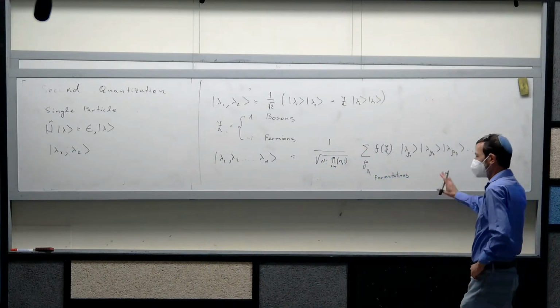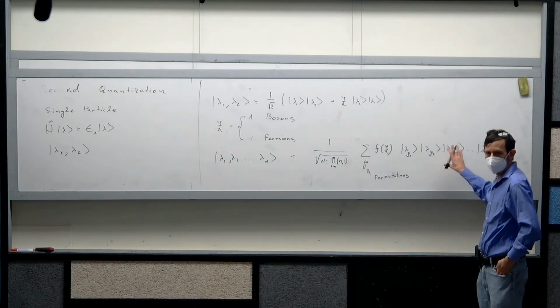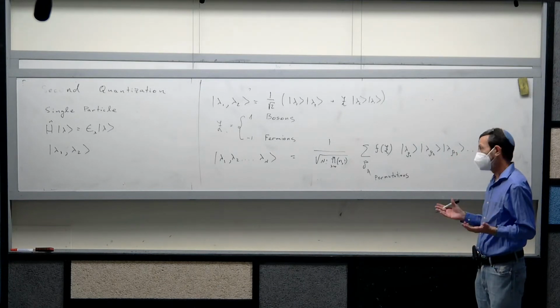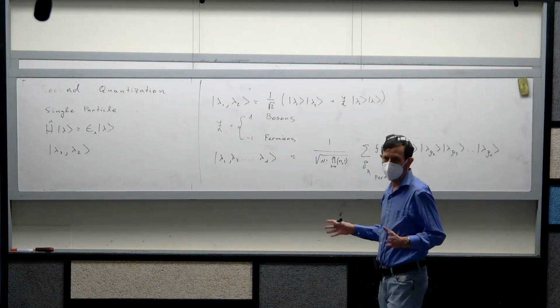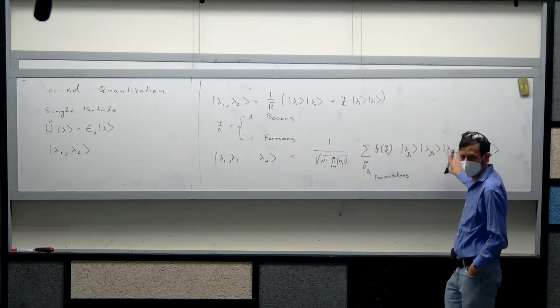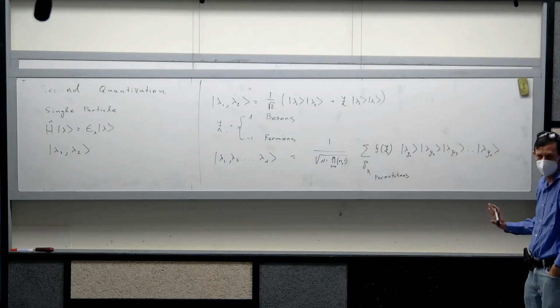So, if you heard the term Slater determinant, unfortunately, we have better ways to deal, and we never sit and write down this wave function because it's just impossible to work with it.